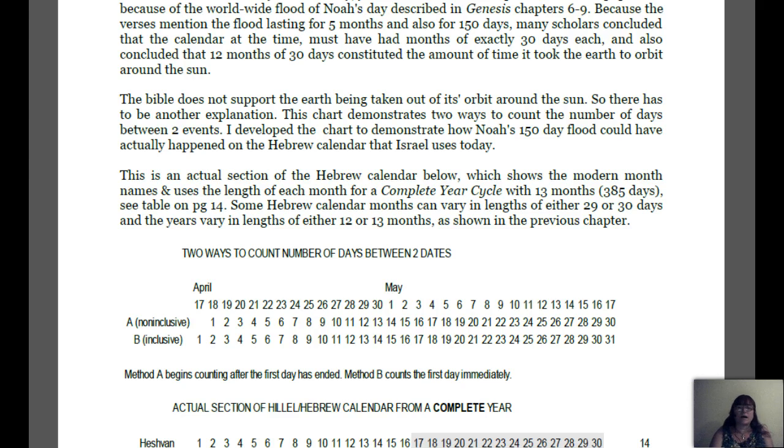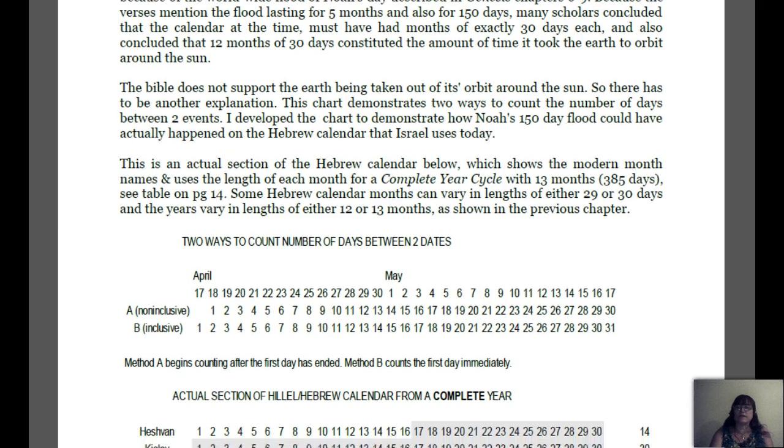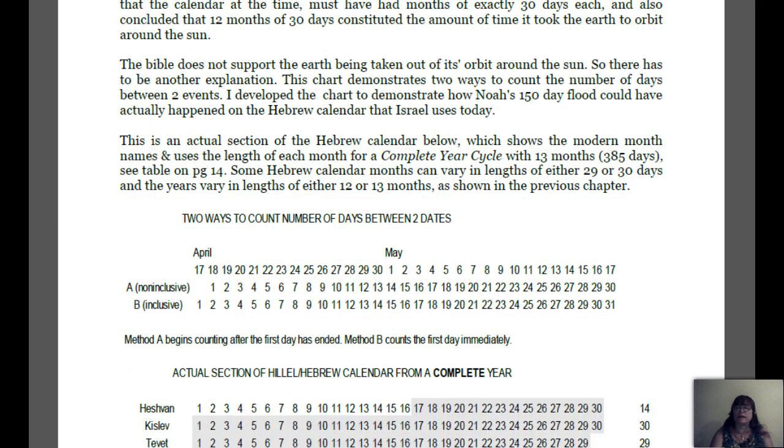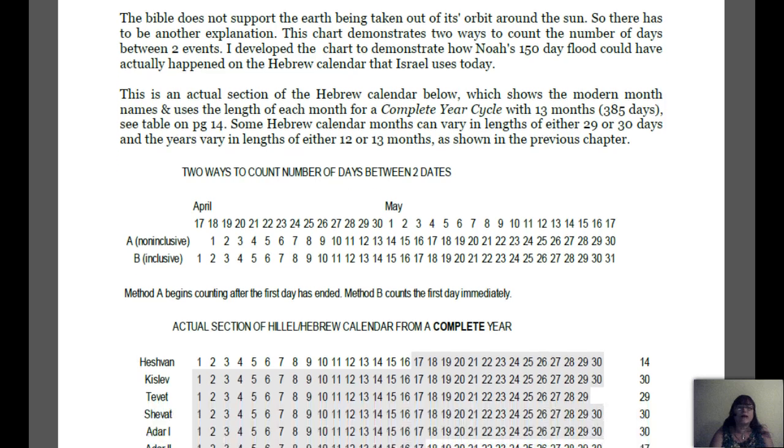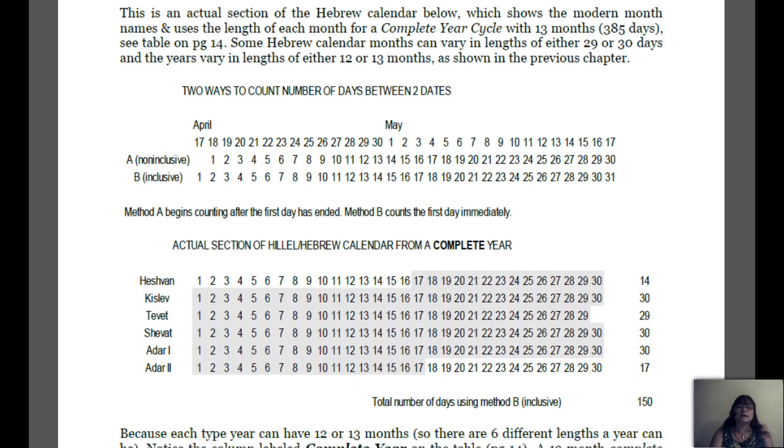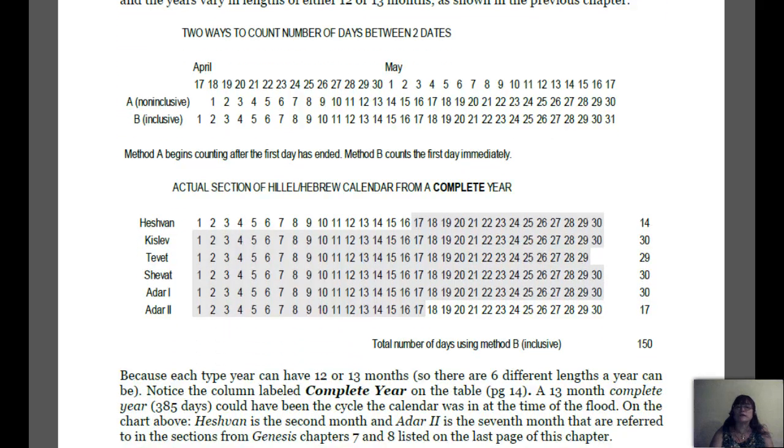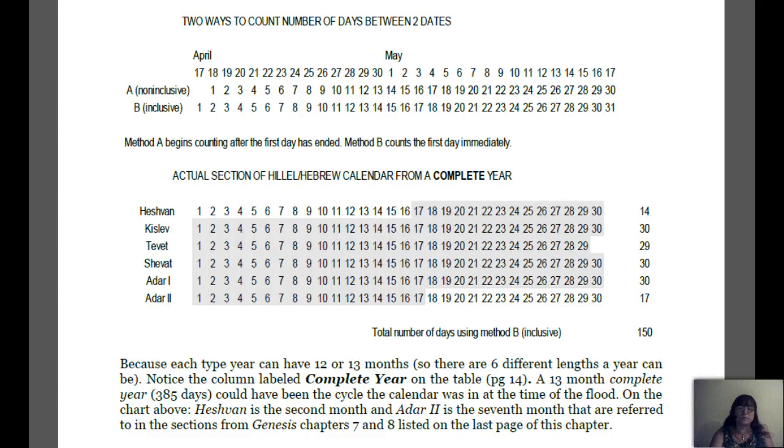See the table on page 14. Some Hebrew calendar months can vary in lengths of either 29 or 30 days, and the years vary in length of either 12 or 13 months, as shown in the previous chapter.